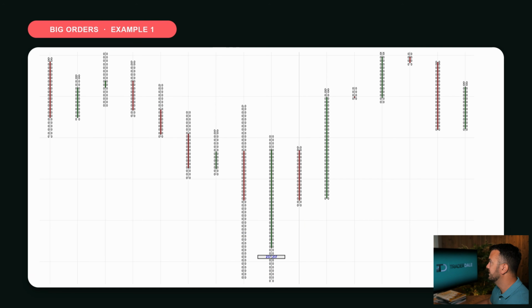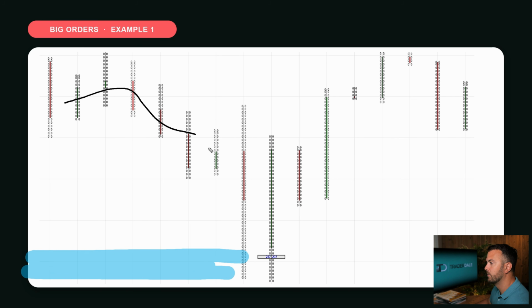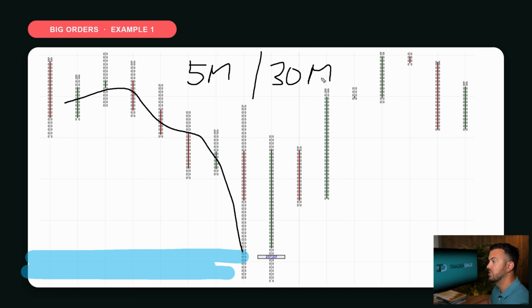So this is how the big orders go. Let me give you a couple of examples to make this clearer. Let's imagine that we have a support here. The price makes it to the support. By the way, there is one exception here with those charts. Usually I'm using 5-minute charts for all those confirmations. In this case, with those kind of charts, I'm using 5-minute charts as well as 30-minute footprint charts.